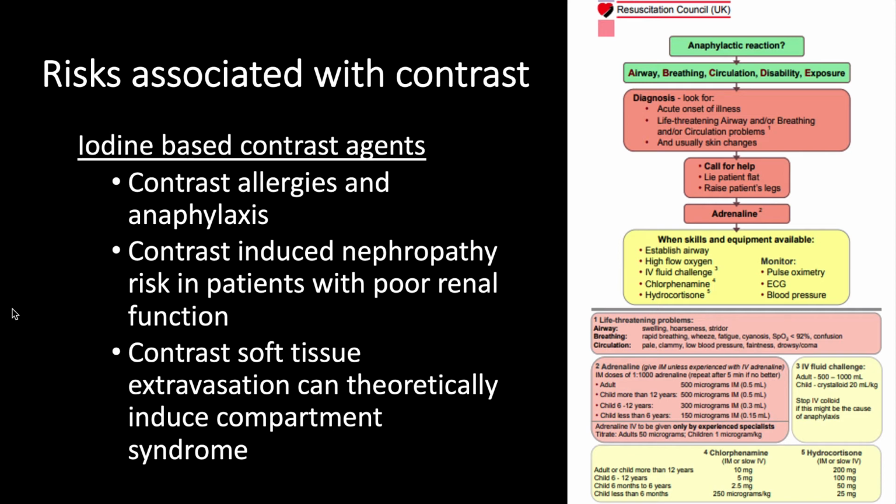Contrast soft tissue extravasation happens quite often because we use a mechanical pump to inject contrast in the venous system. There is a theoretical risk of compartment syndrome if that contrast is introduced suddenly and at high pressure in the compartment of the arm or forearm, and that would reflect clinically as pain out of proportion.